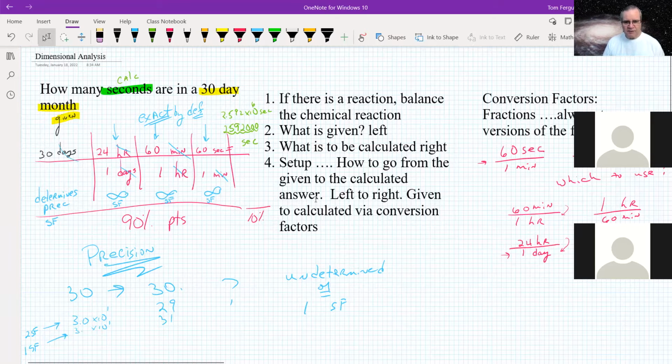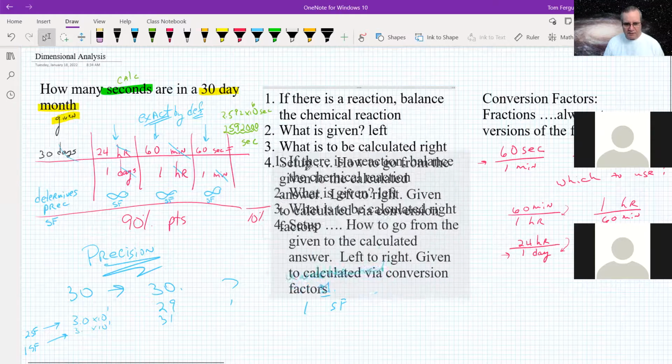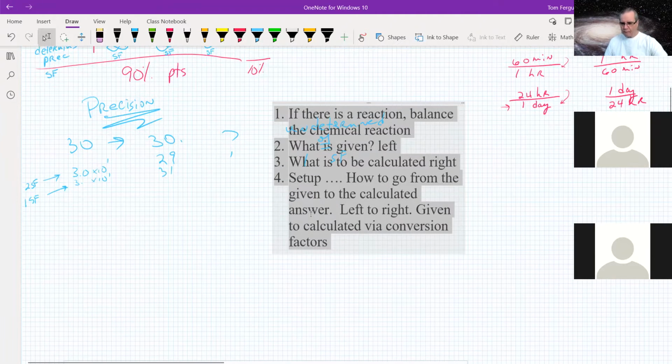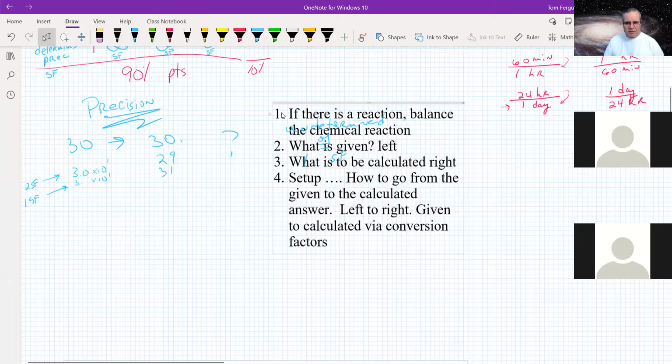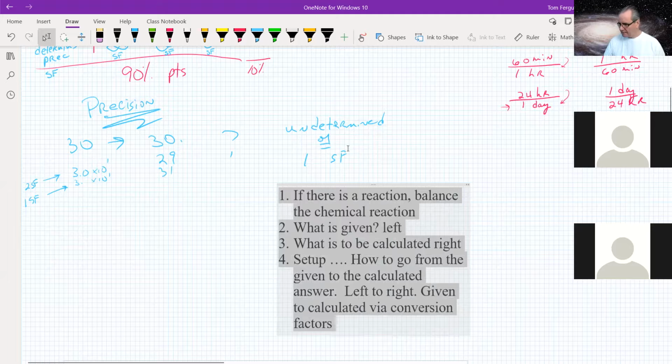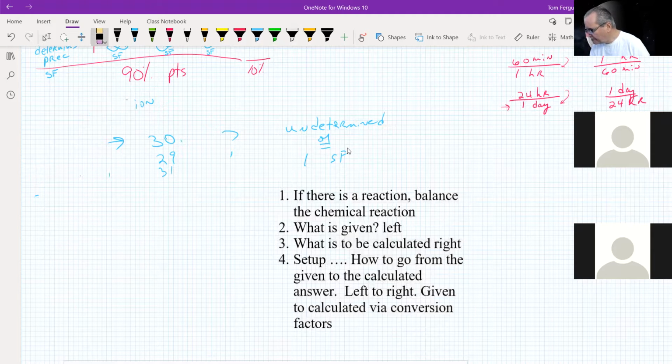I'm going to reiterate this process here. Okay, so this is the process you'll be going through.